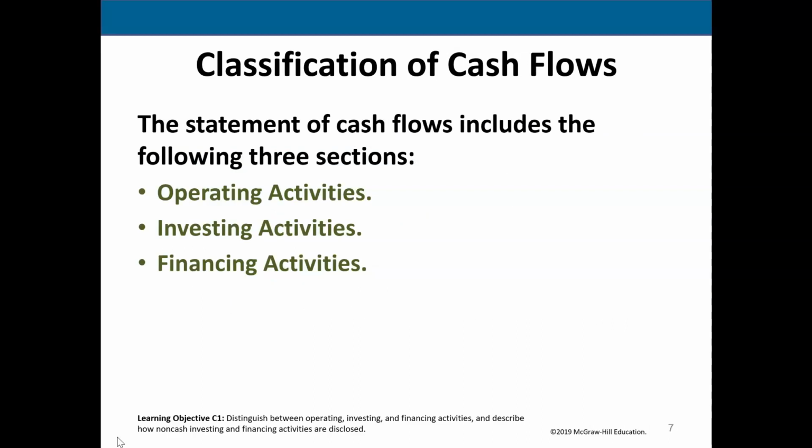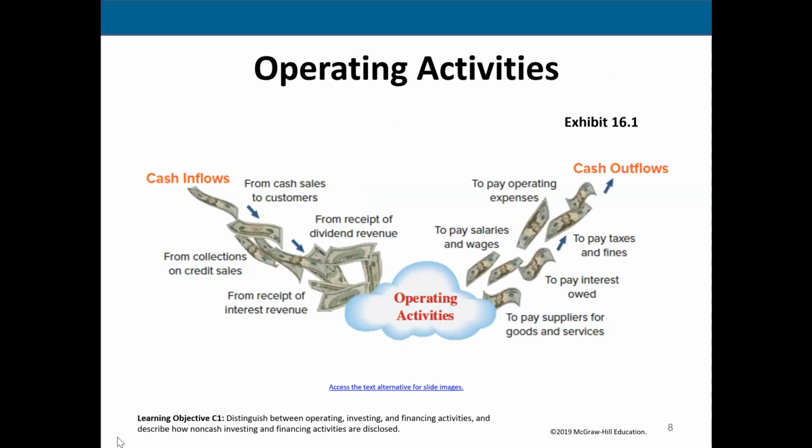Okay, again, the three sections of the cash flow statements are operating, investing, and financing. So looking at operating activities, some of the cash inflows, which is money coming into the company, is going to come from cash sales to customers, credit sales to customers, if the company receives a dividend from an investment, or if the company receives interest from a loan that someone has.